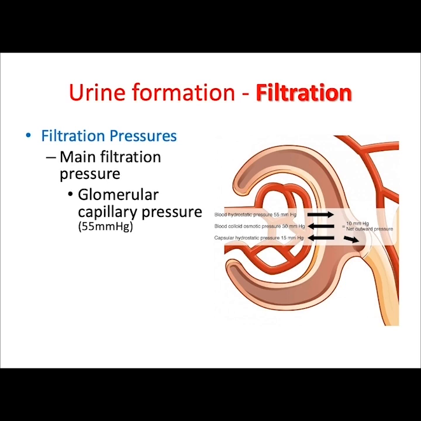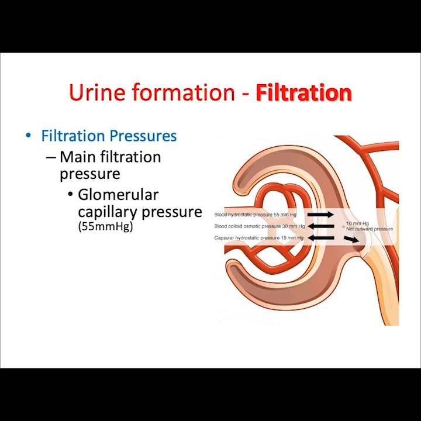There are 2 reasons for this higher blood pressure. The first reason is that the glomerulus is both fed and drained by arterioles. This is unique. Capillary beds are normally drained by venules. The second reason is that the afferent arteriole, the one feeding the glomerulus, has a larger diameter than the efferent arteriole, the one draining the glomerulus.